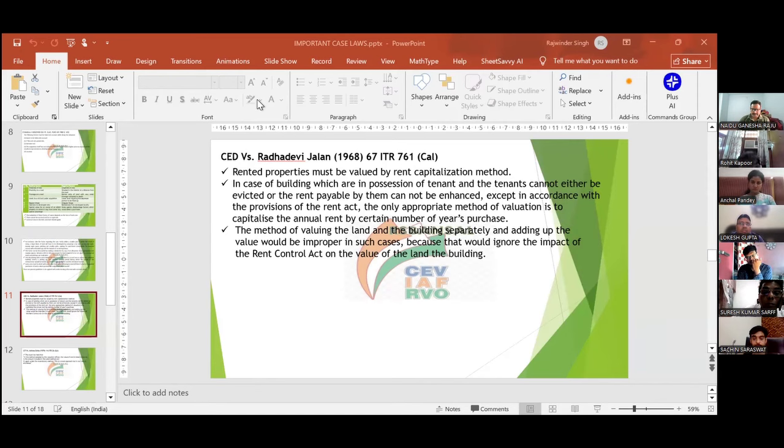So the method of valuing land and this building separately and adding them to calculate the value will be improper in such cases, and it would ignore the impact of Rent Control Act on the value of the land and building.